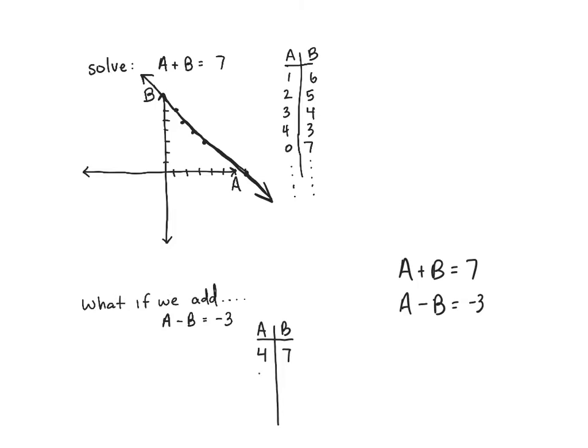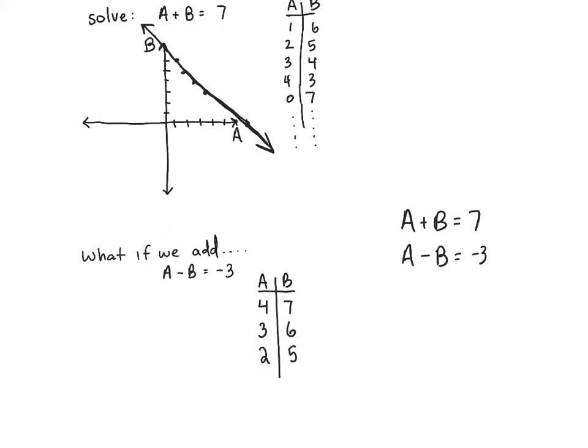Or if a is 3 and b is 6, then the difference is -3. We could also have a equals 2 and b could be 5. And again, this list can go on and on and on. We could have a equals 0 and b could be 3.